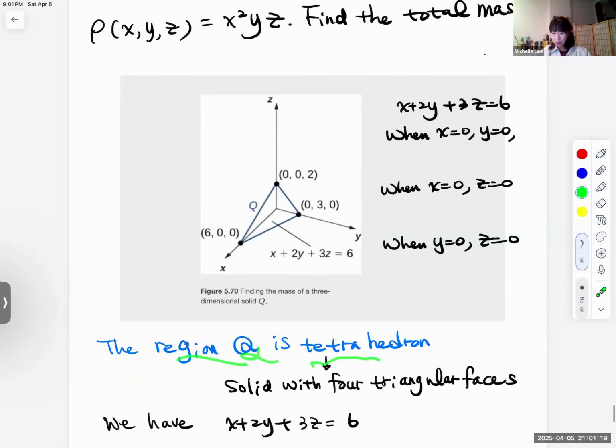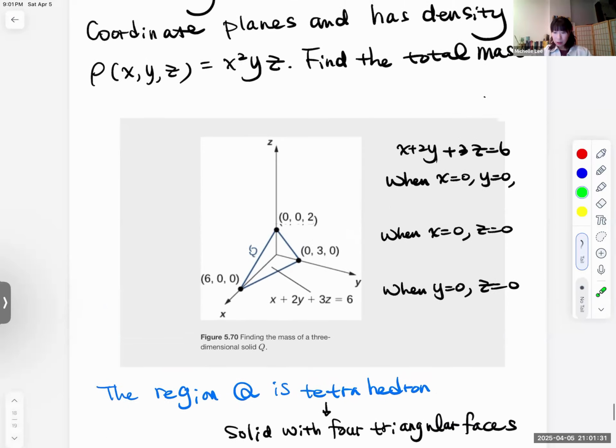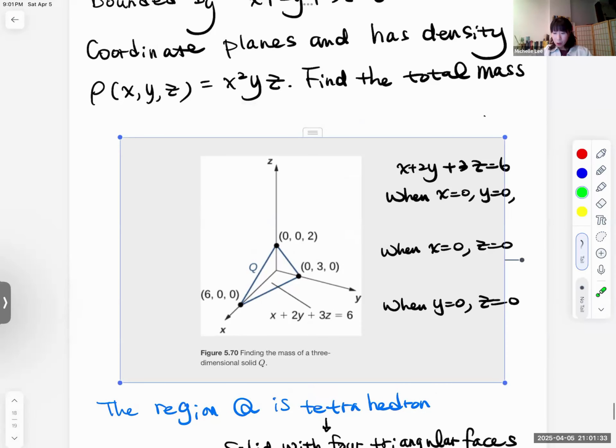Okay, so they say that the region Q is a tetrahedron. Tetrahedron means a solid with four triangular faces. Here's one of them, and there are three more in the space, right? Now they have vertices. How did they find them?